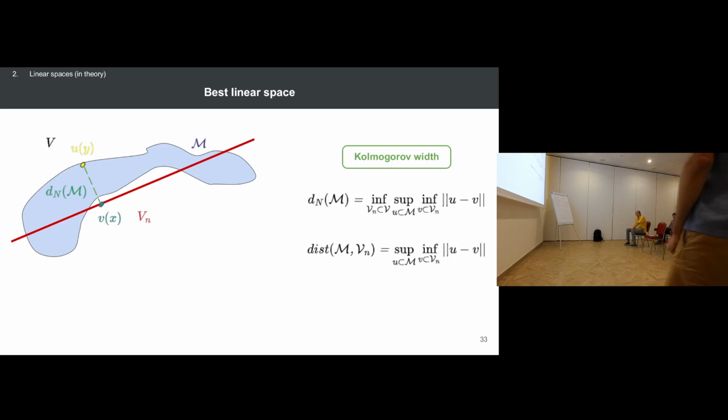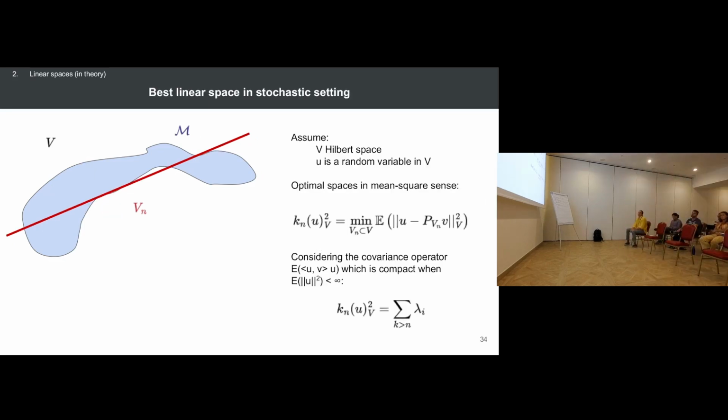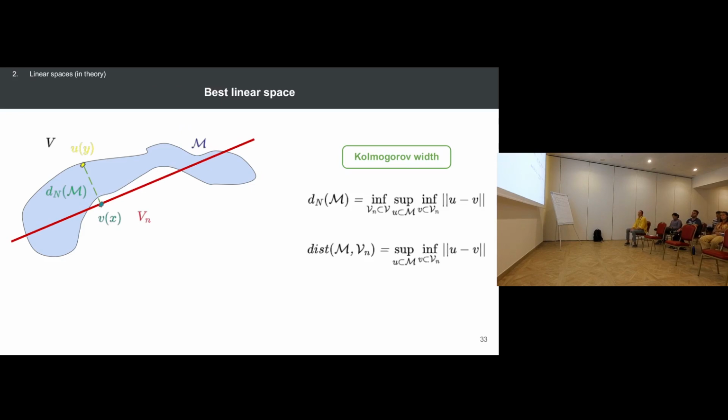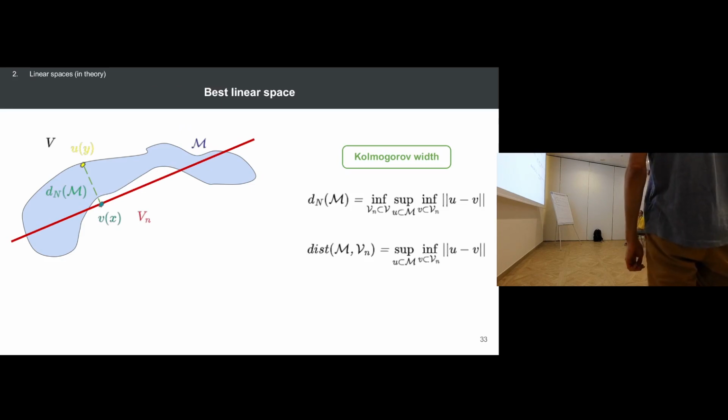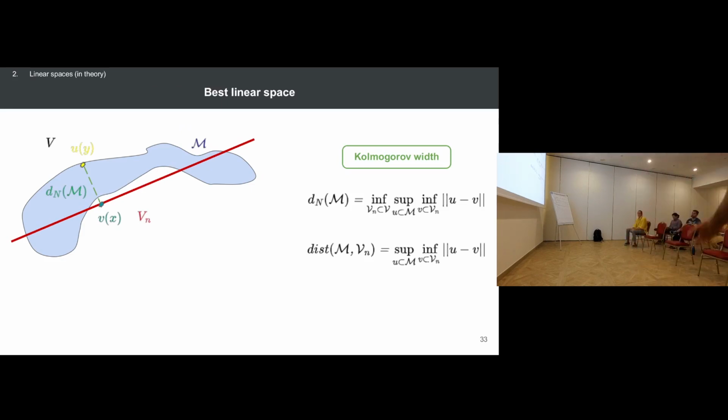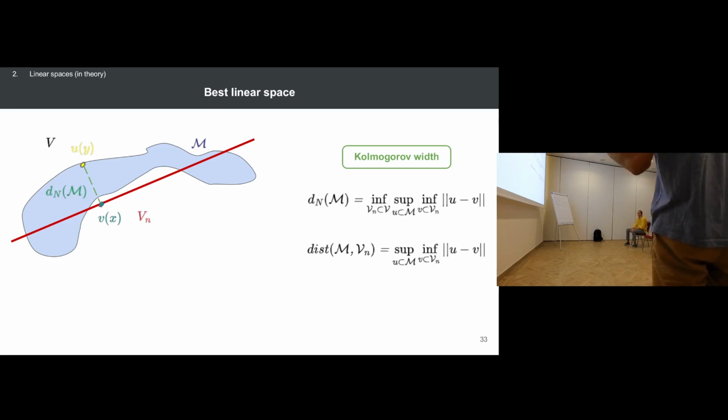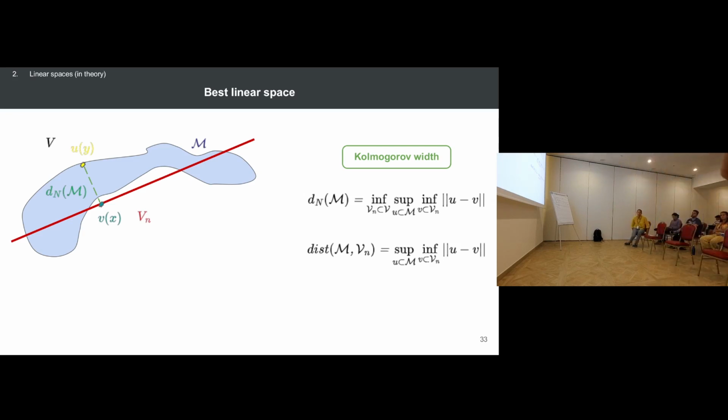Okay, and so that's the Kolmogorov width. This quantity is theoretical, because in principle we are not assured that we can arrive at this linear space in particular, but it tells us, for a given problem, whether a linear method would be a good idea to tackle it.